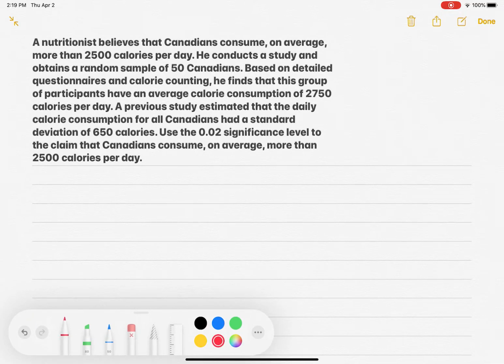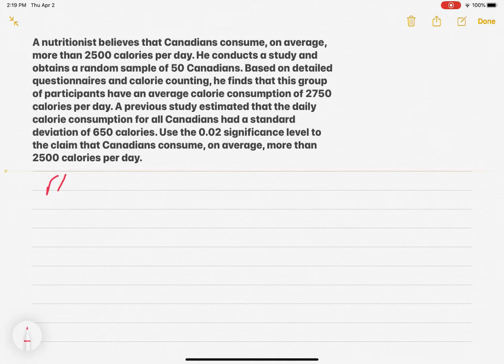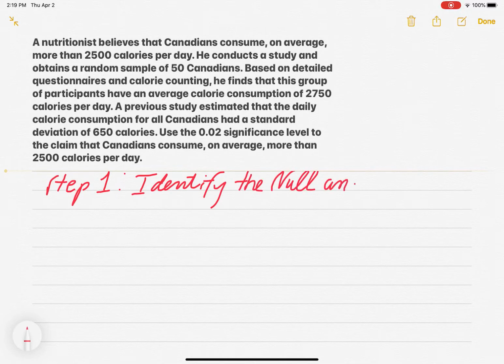Step 1. We want to identify the null and alternative hypothesis.